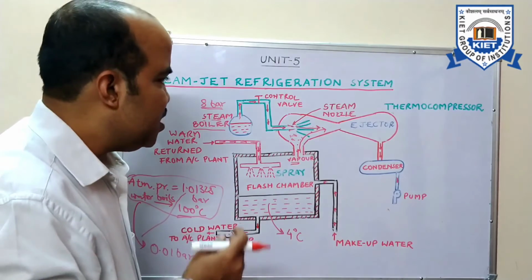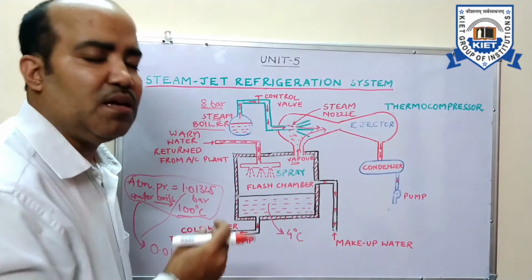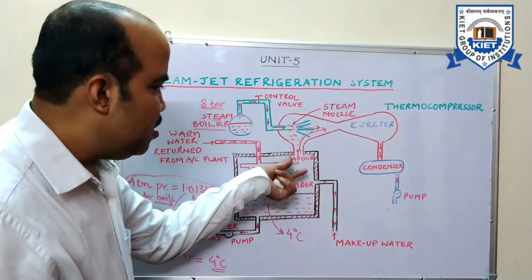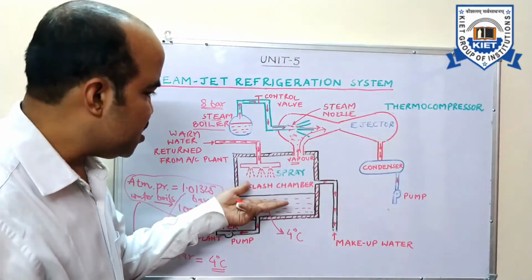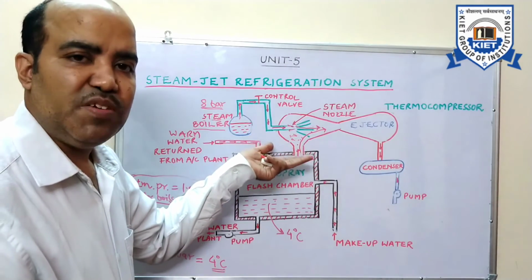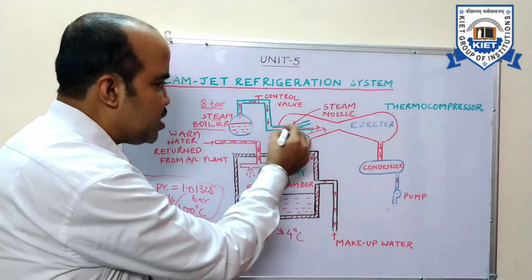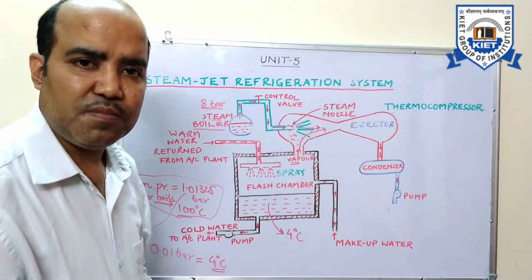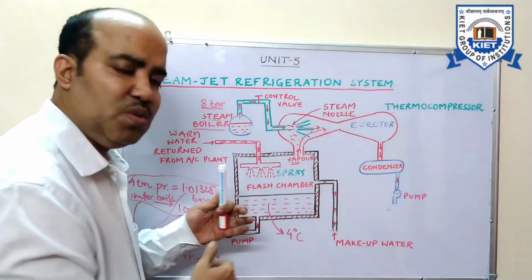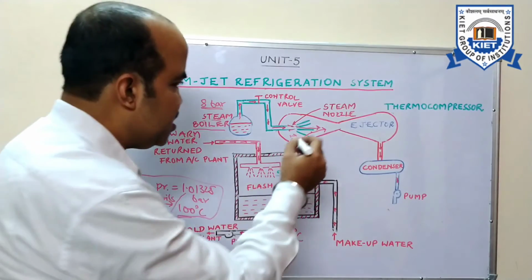There will be mixing of the vapor that is coming from the flash chamber, or the evaporator, with the steam that is coming out from the nozzle. These two mix together in a mixing chamber.